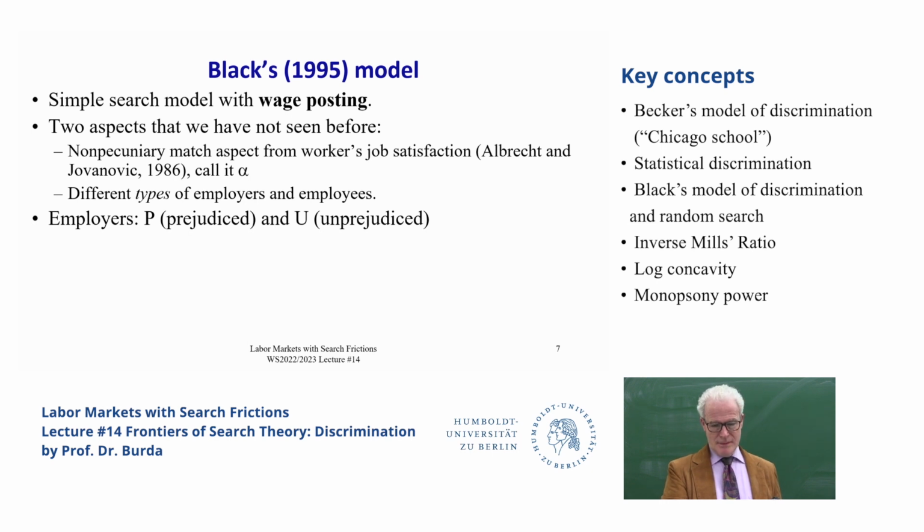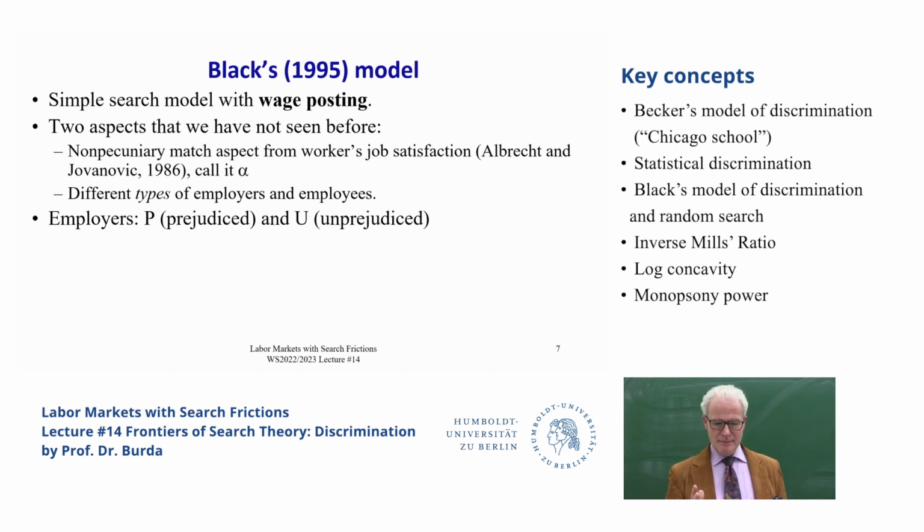And this is where the Chicago conclusion was: if you only have some unprejudiced employers, the discrimination equilibrium falls apart, right? That was the free entry and capacity investment by the unprejudiced would push the prejudiced employers out of business.